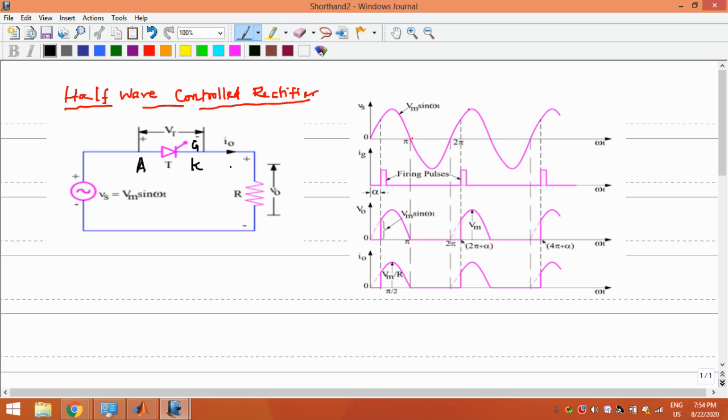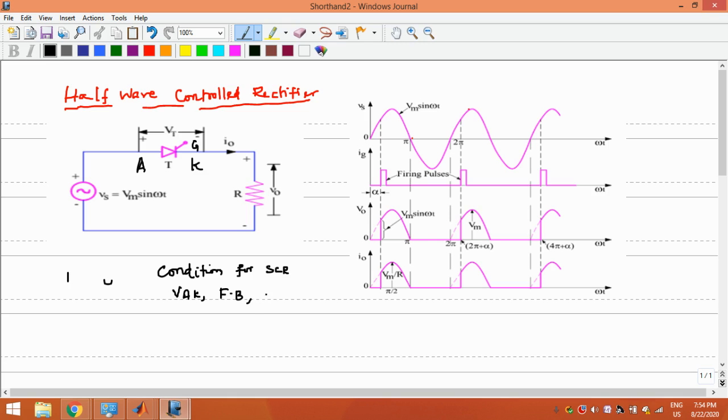The concept behind the circuitry is, when the positive half cycle is there, this SCR is forward biased and it is ready for conduction. And you know that the condition for SCR conduction is, one, the VAK should be fed a positive, a forward bias.